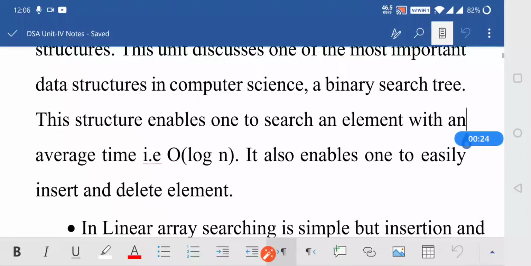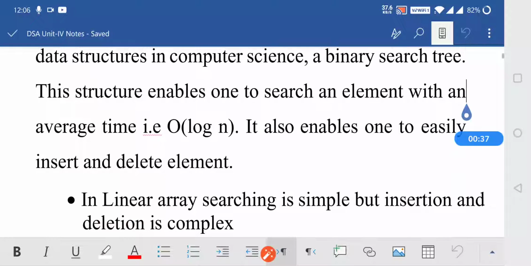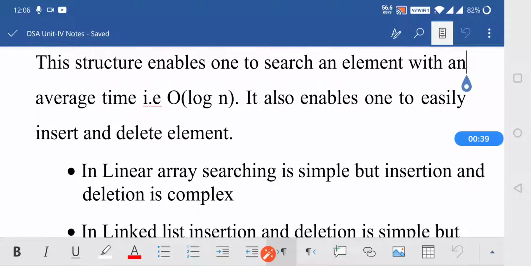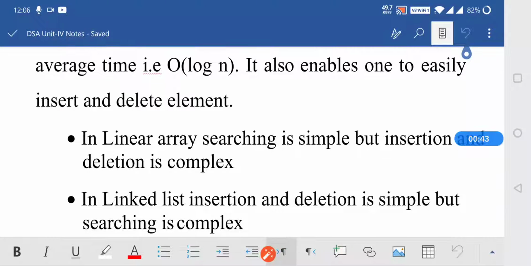Now, this structure enables us to search an element with average time. Whenever we are dealing with the binary search tree, the average time has been derived in this, that is O(log n). It enables us that we can insert or delete an element in a very easy manner.